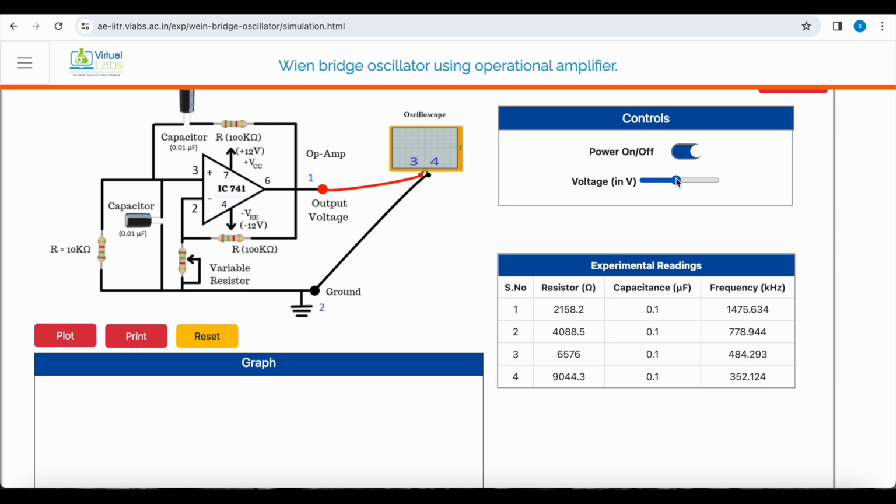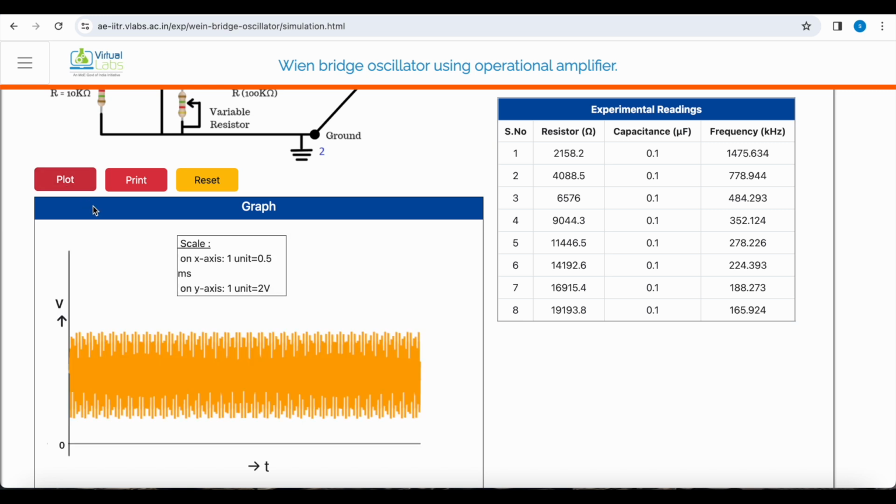The value of the capacitor is constant at 0.1 microfarad as you can see in the table, and the resistance value is changing, and thereby the frequency at the output is also changing, and it is decreasing with increase in the value of the resistance R1. We'll increase the value of R1 further, thereby we can tabulate the different frequencies, and when we plot it, we are not able to observe the sinusoidal waveform. It is because it is plotting all the frequencies in one graph.